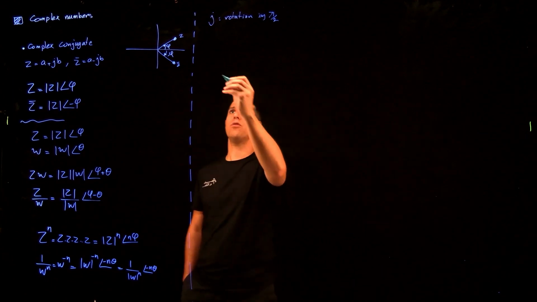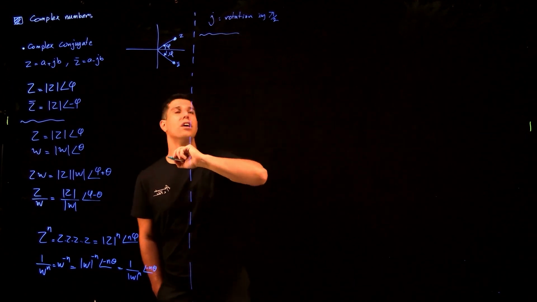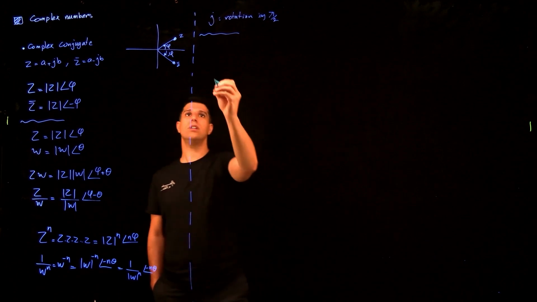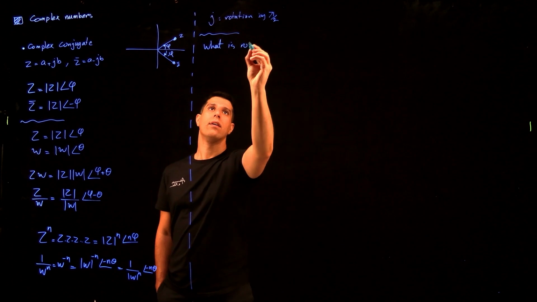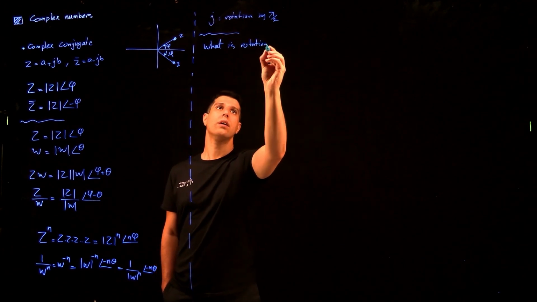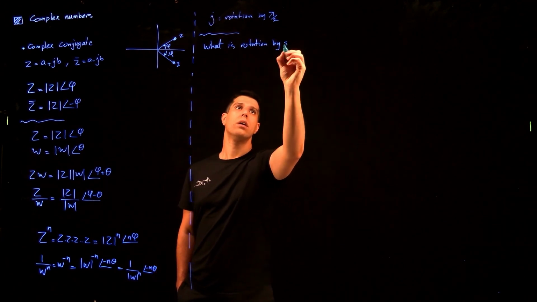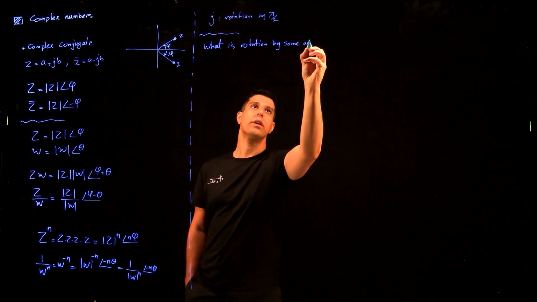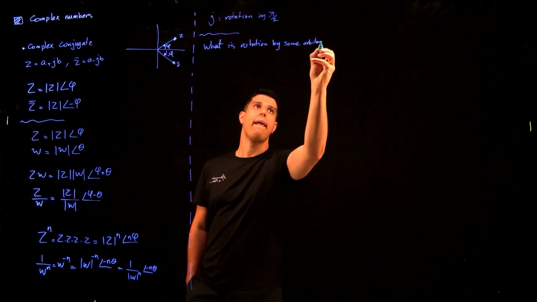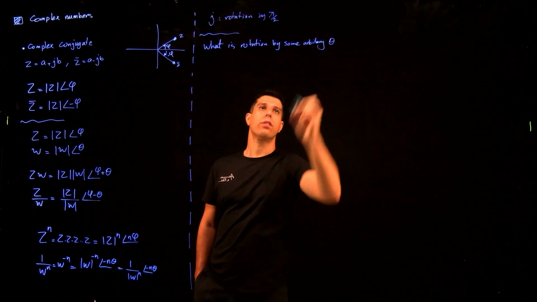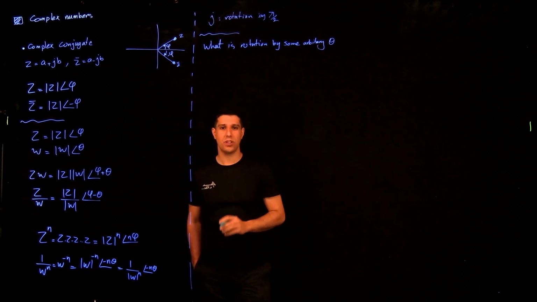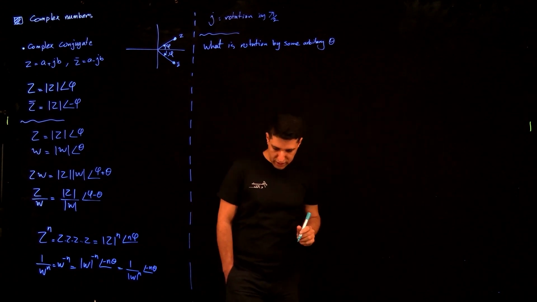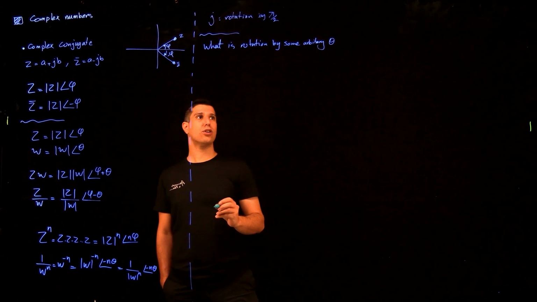Now, if you are like me, itching to know what is rotation by some arbitrary angle theta, I was trying to find a very intuitive way to define it, but I couldn't.